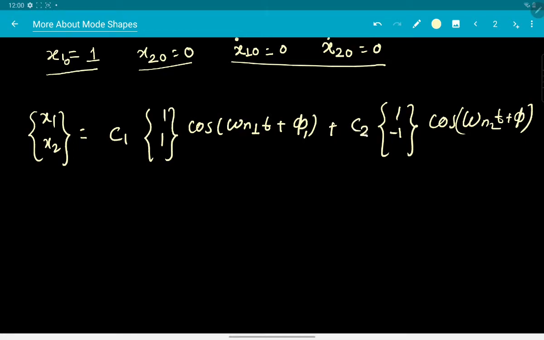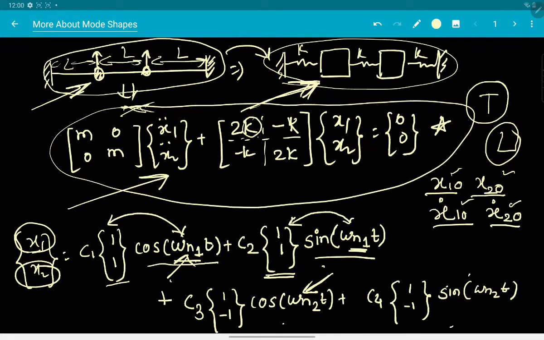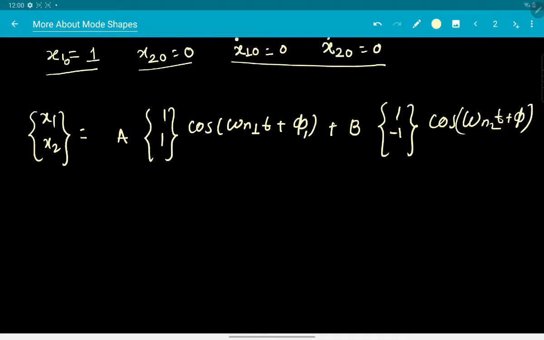I'll write down here C1, C2, or you can write A, B, whatever you feel like. So you can write it in this fashion or in this fashion. I guess this phi 1 and phi 2 were not there, right? But the contribution of omega n1 and omega n2 was essentially there.